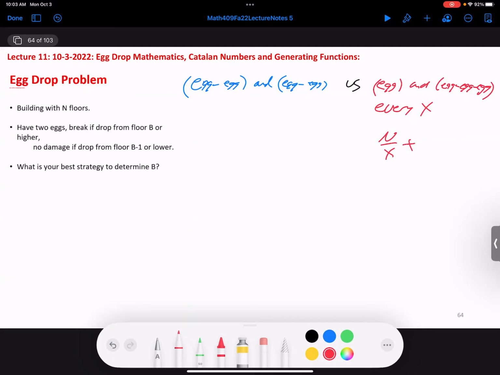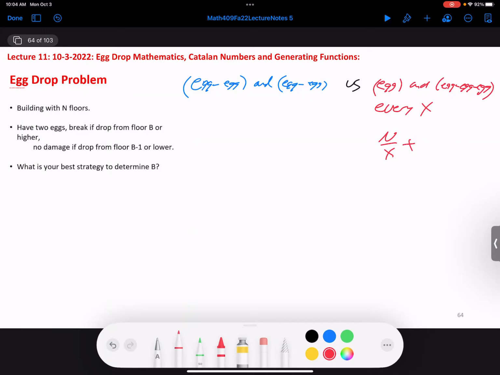I thought it was 1/3 for 3 eggs. Well, we know it's square root with 2 eggs, right? It can't be worse with 3 eggs.